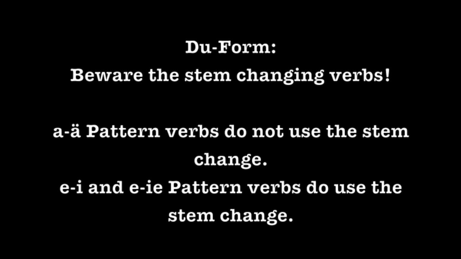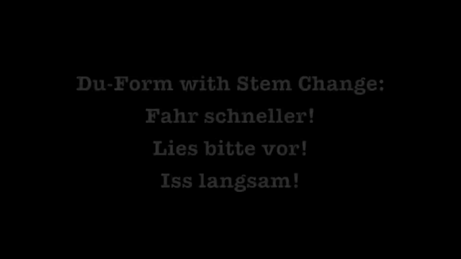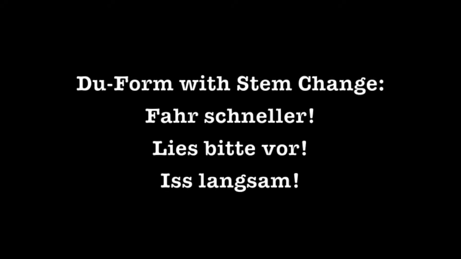There are a few things to be aware of when you're using the du form as a command. First of all, the stem changing verbs that we talked about earlier. The A to A umlaut verbs do not take the stem change. The E to I and E to IE, however, do take the stem change. Some examples of using the du form with a stem changing verb would be fahren changes to fahr schneller, for drive quicker.